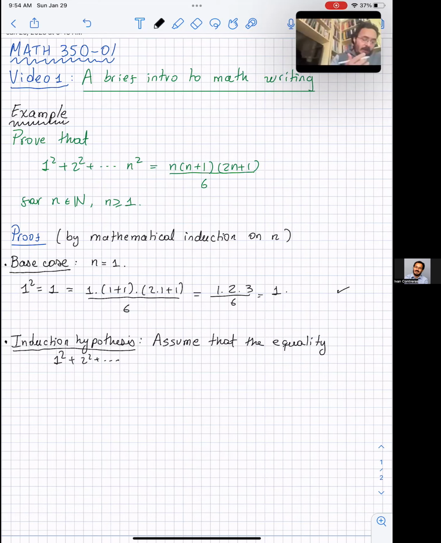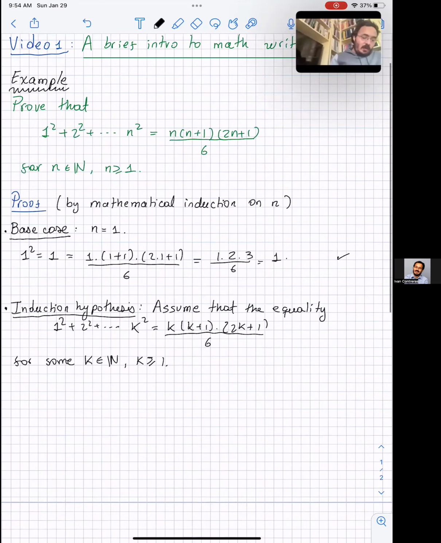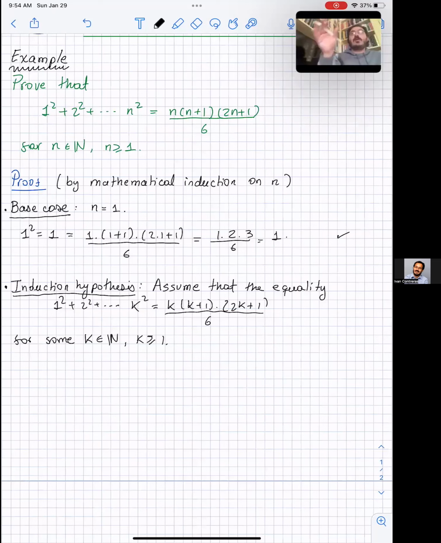My particular preference: 1 squared plus 2 squared plus dot dot dot plus k squared equals k times k plus 1 times 2k plus 1 divided by 6, for some k in the set of natural numbers, k greater or equal than 1. I'm using that auxiliary variable, so to speak, to jump from one wagon to the other. So I'm jumping from the k wagon to the k plus 1 wagon.